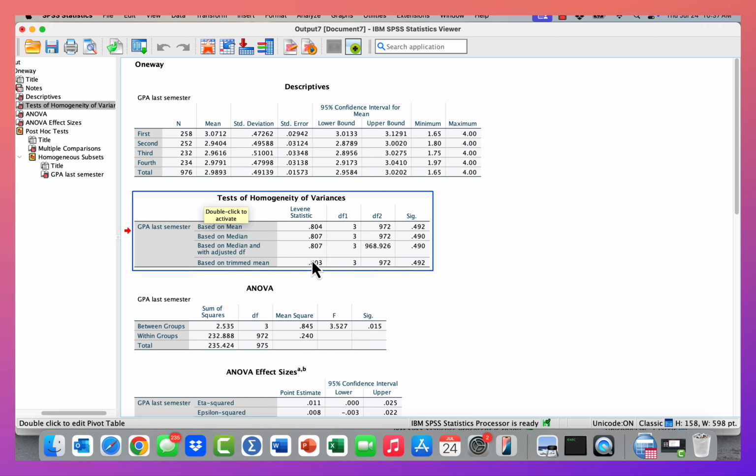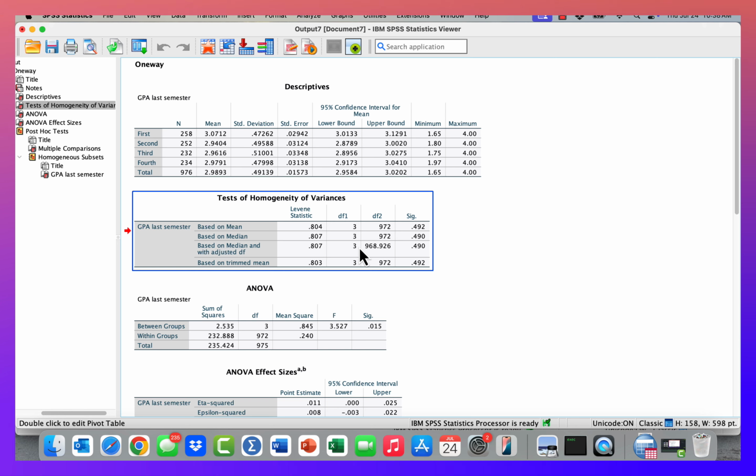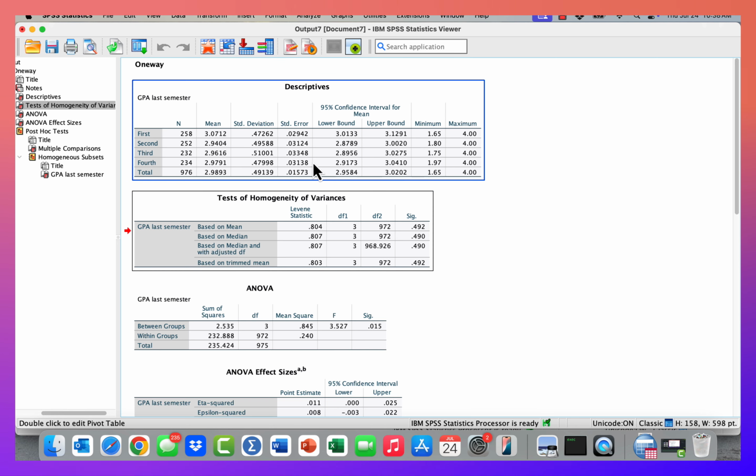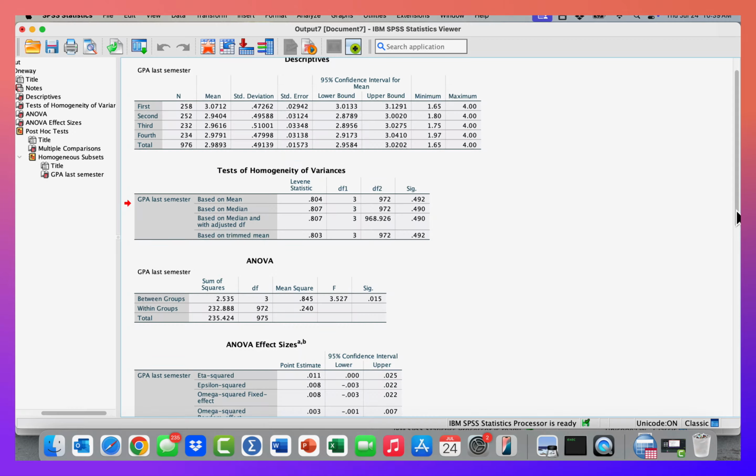You can also do that, but usually with ANOVAs we look at means. Regardless, this is a good sign for us because it means that there are equal variances among our groups. So we failed to reject the null. There are not significant differences in the variances between our groups. So great, we have not violated the homogeneity of variance assumption.